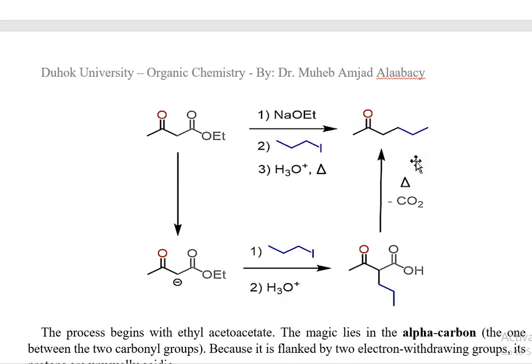So it is an important reaction to prepare the desired ketone compound, one of the important methods to prepare substituted ketones, of course symmetrical or unsymmetrical ketones, both of them.